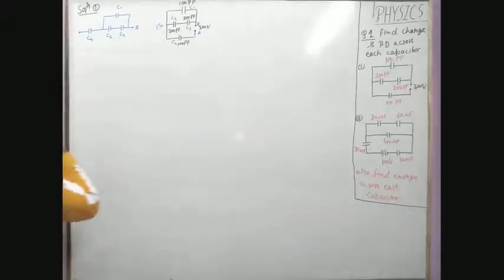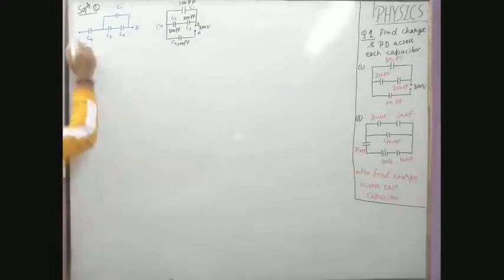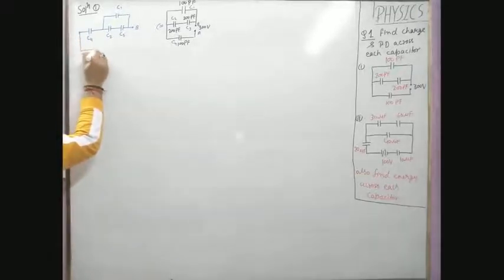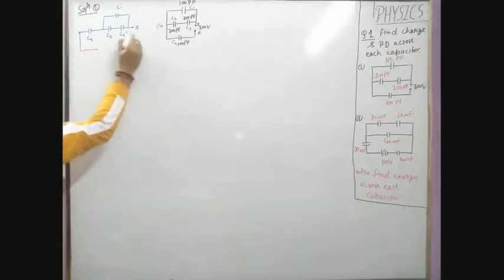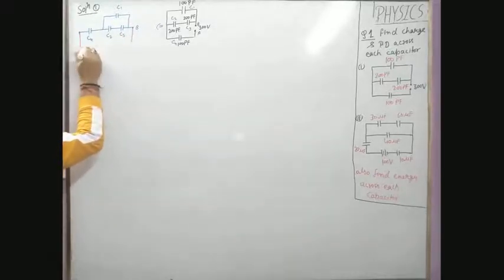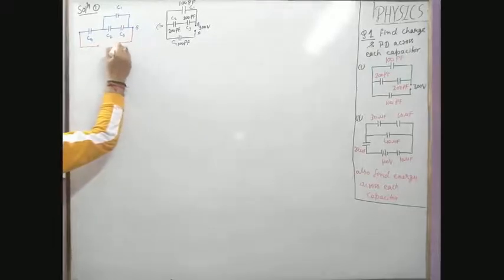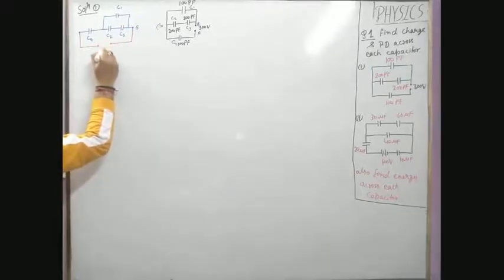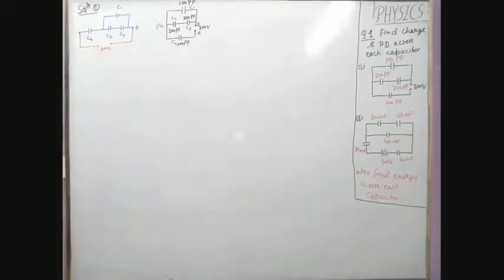Now you can easily observe here that the potential across the circuit is 300 volt.